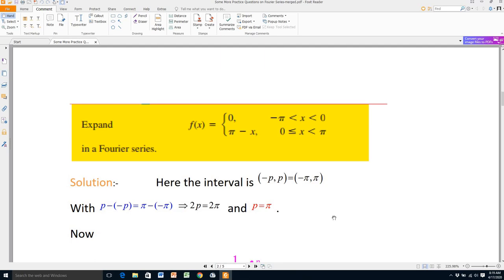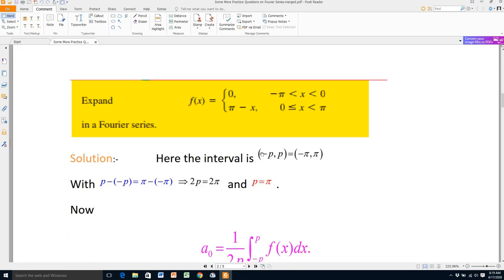The interval is minus p to p, which is clear from here as minus pi to pi. How do we find p? You subtract the initial value from the final value: p minus minus p is equal to pi minus minus pi, so 2p is equal to 2 pi.